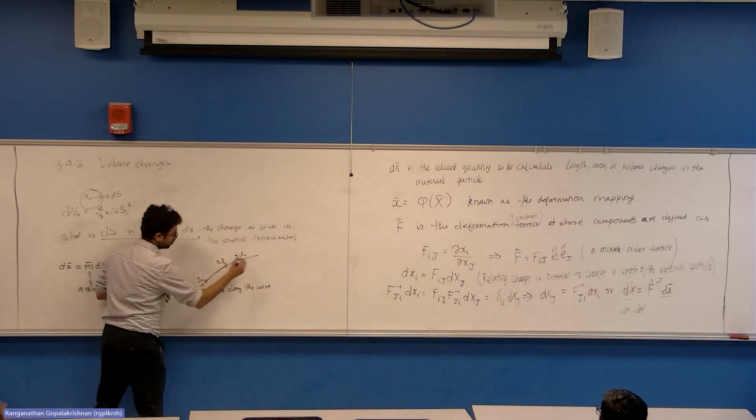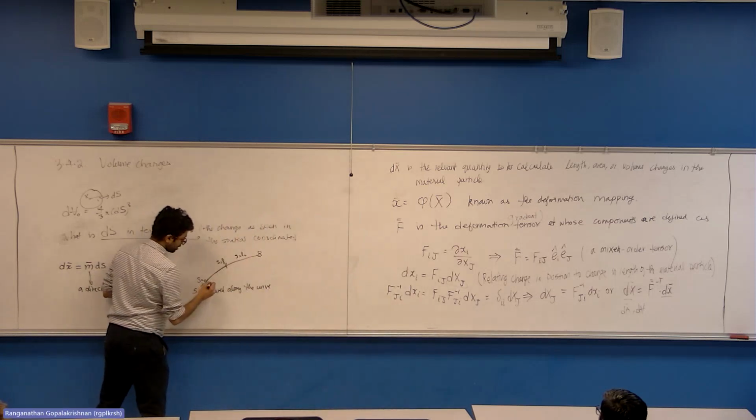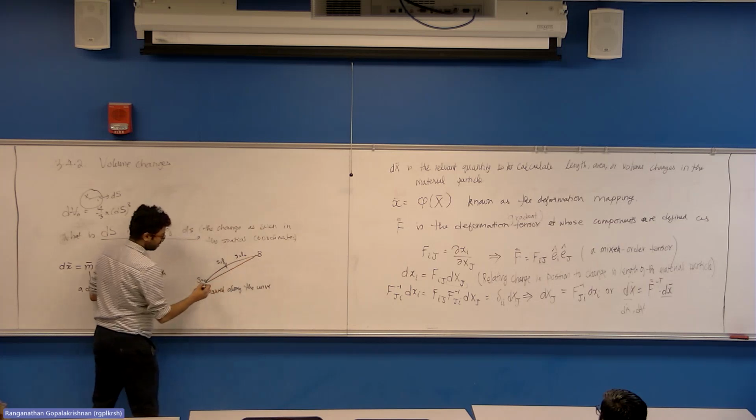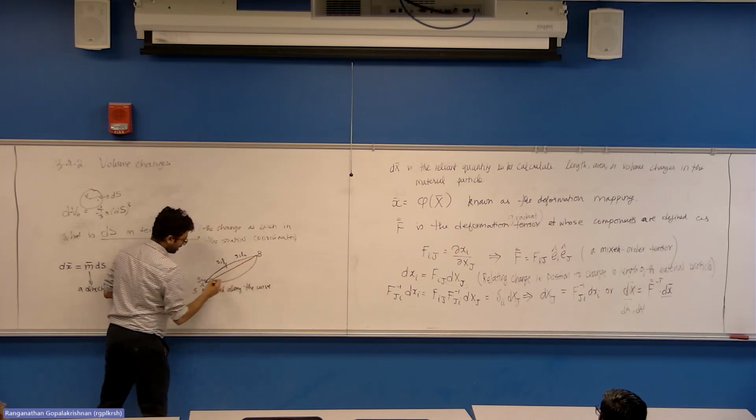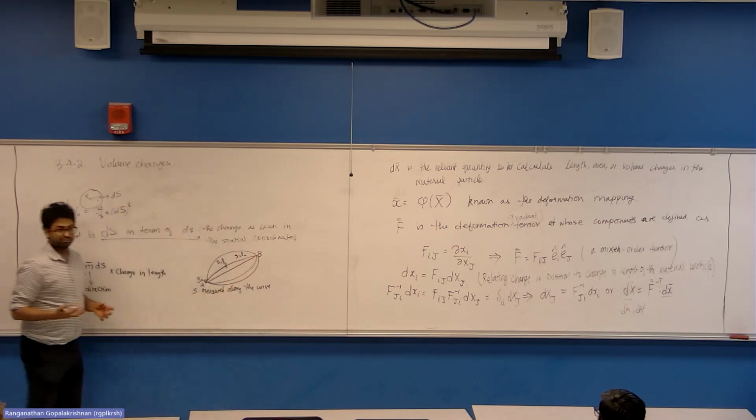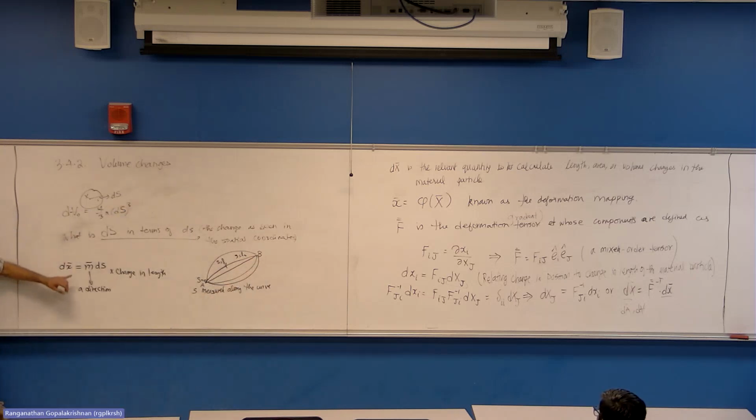The distance between 2 points, you can draw the shortest straight line between them, or you can draw any curve and measure the distance along that curve. Okay, this is a similar concept where we express the change in position as a vector along which we measure the length multiplied by the change in length.